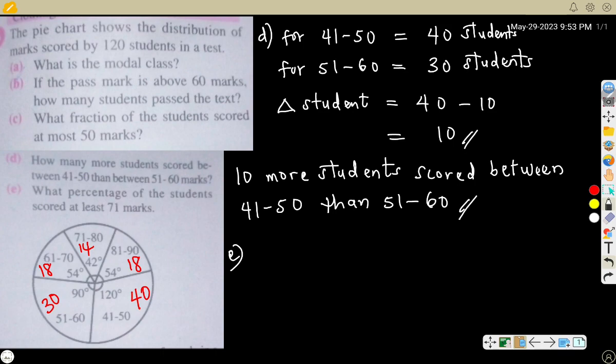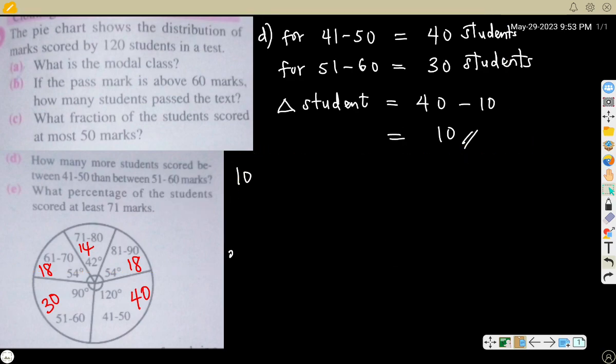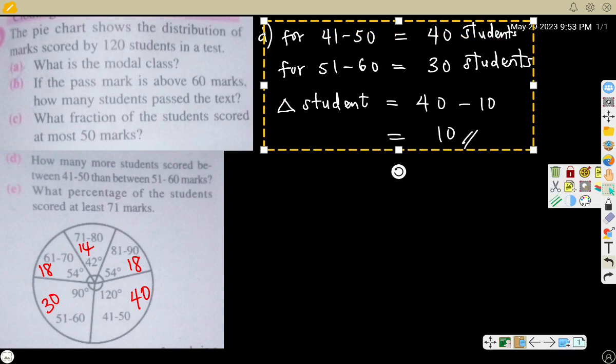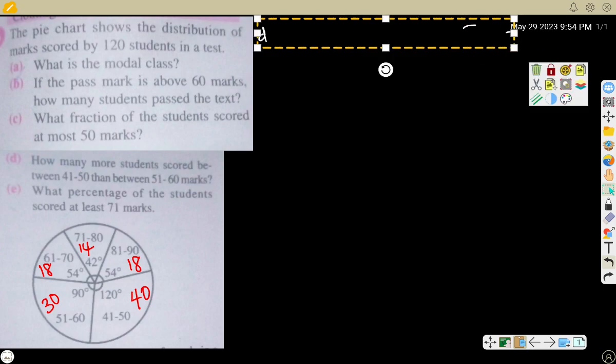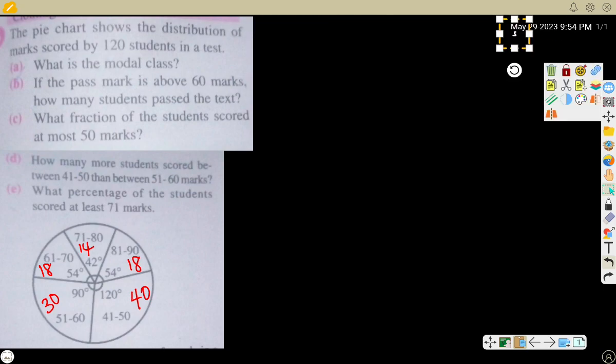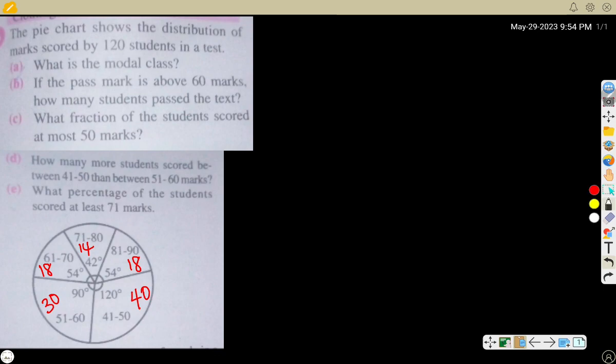Then the E. What percentage of the students scored at least 71 marks? Now, at least 71 means from 71 above. But if it is at most 71, it means 71 below. The question is at least, so it will be 71 and above.